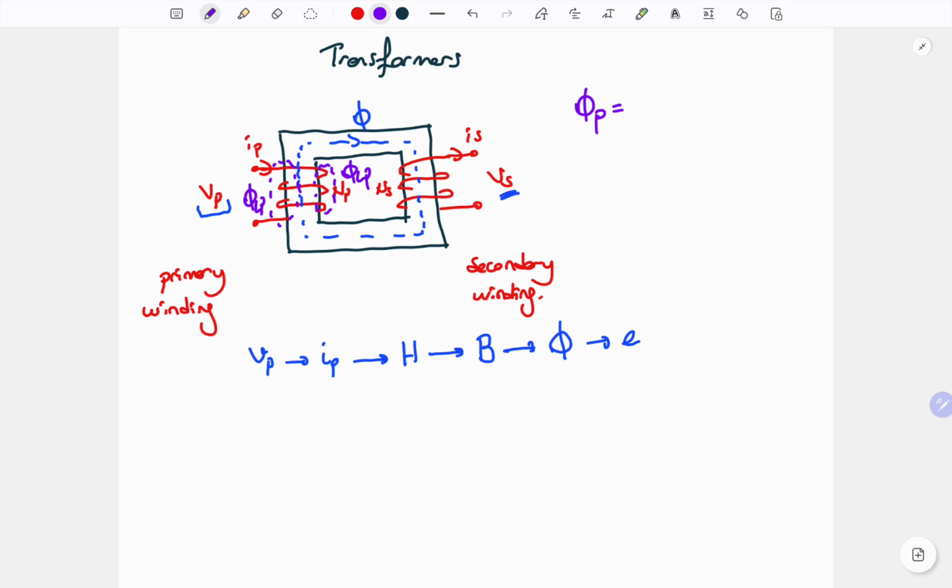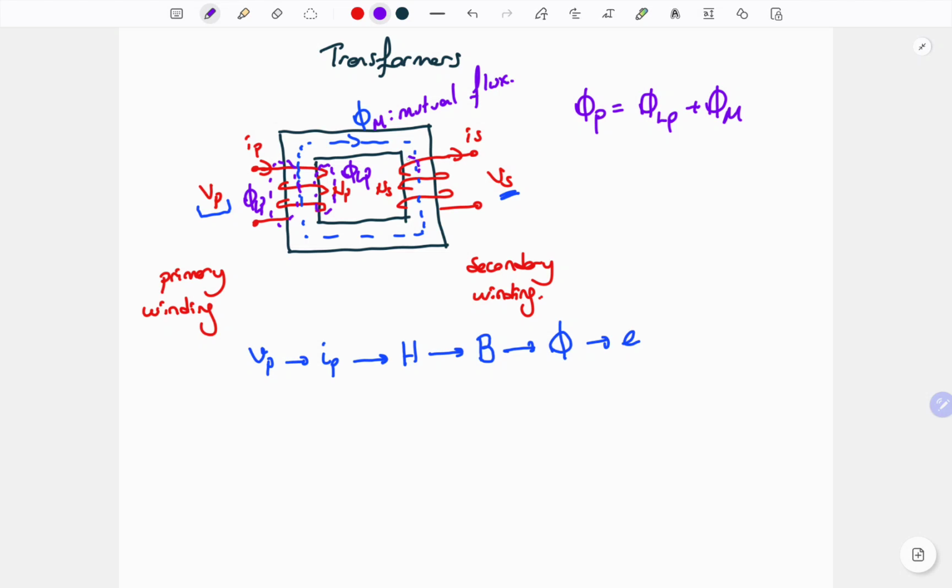At the primary side, we can produce the total flux, but we cannot transfer it totally. What will happen? Some of the flux will leak around the winding, then we will transfer the remaining part. And we can call that part as mutual flux, which is the connection flux of the primary and the secondary sides.